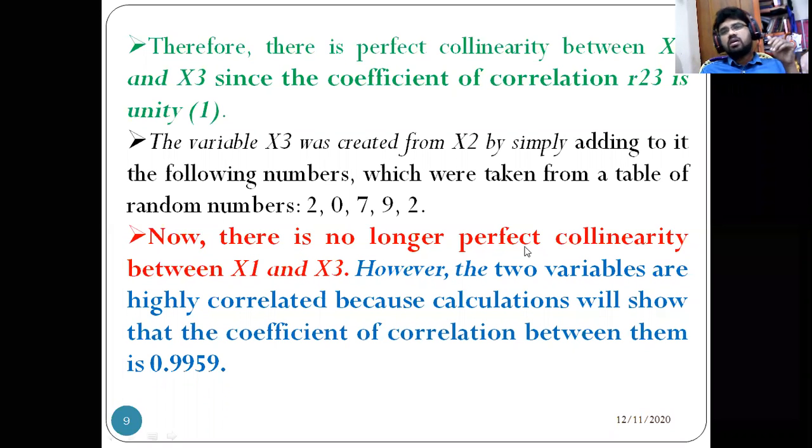So here there is no longer perfect multicollinearity between the x1 and x3. However, the two variables are highly correlated, because calculation shows that the coefficient of correlation between them is 99.59. So sometimes, during a short period, they may have the perfect collinearity. In the long term, there is no multicollinearity, nothing but there is no correlation between the two independent variables.